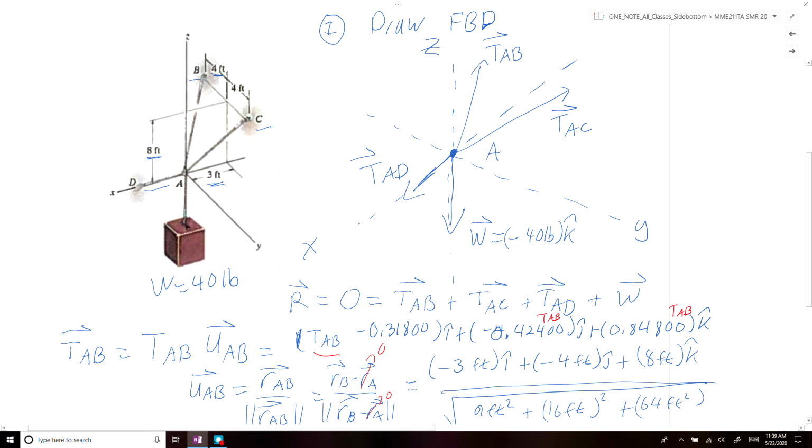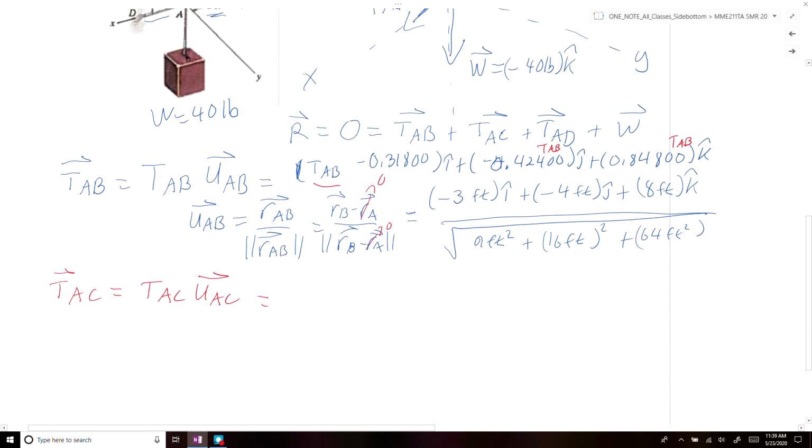The only difference between point B and point C is that point C has a positive y coordinate, while point B has a negative y coordinate. So the unit vector for AC will be the same as the unit vector for AB, except for the y component, which is going to be positive instead of negative.